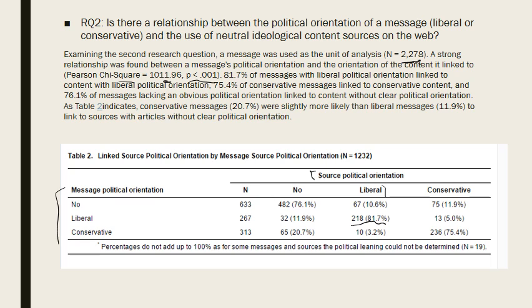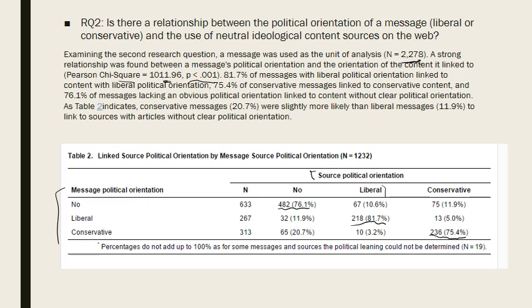So here, conservative tweets, 75% of them provided links to conservative websites. And 76% of messages lacking an obvious political orientation linked to content without clear political orientation. So all the neutral people who weren't liberal or conservative in their statements linked to neutral websites. So interesting. Everyone kind of clings to what they already believe for their sources.